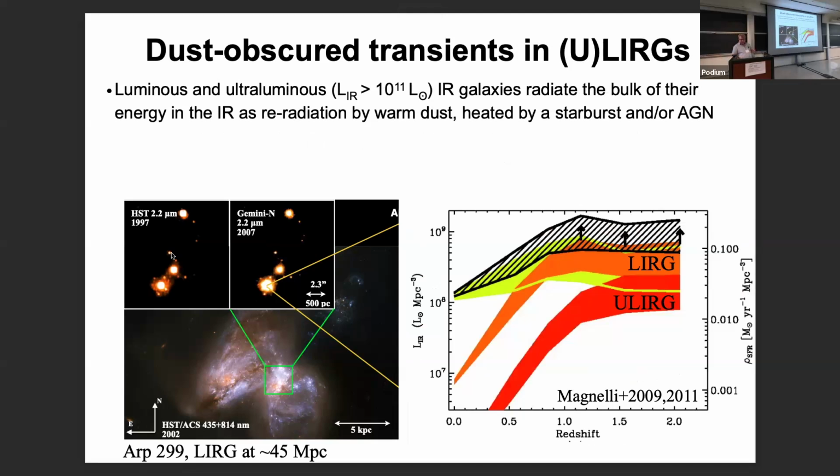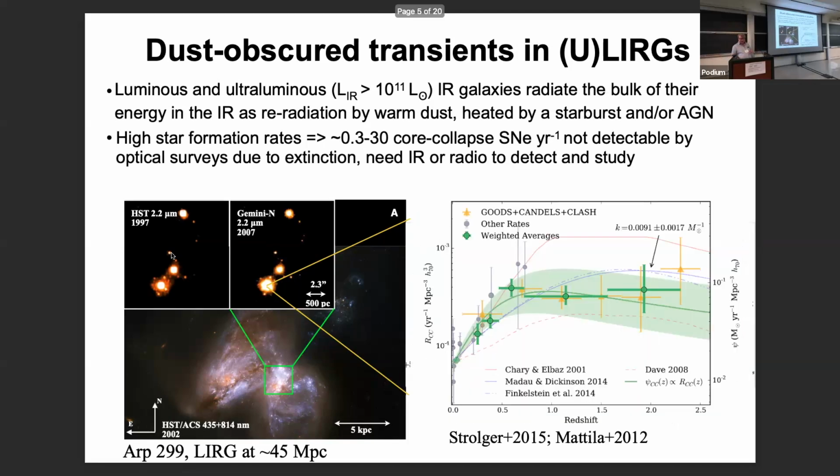So we expect more severe effects by dust extinction for the supernovae. We want to know how many supernovae we are actually missing in luminous and ultra-luminous infrared galaxies, even locally, and then we might try to work out how many we are missing as a function of redshift. So that's one science motivation.